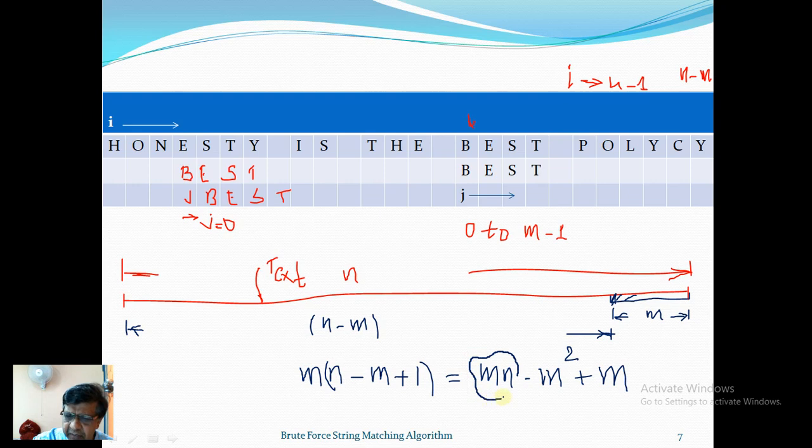The higher order term here is m into n. n is very big, and m is the parametric length, the pattern length. Therefore, both of them should be considered. Therefore, this belongs to big theta of mn. This is called quasi quadratic complexity. It is neither quadratic nor linear. It falls under quasi quadratic complexity, QUASI.